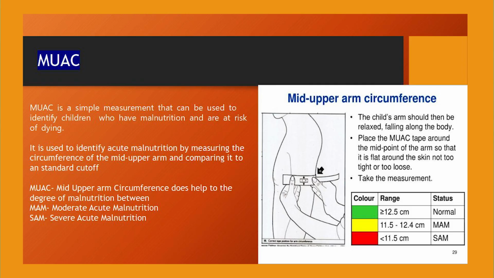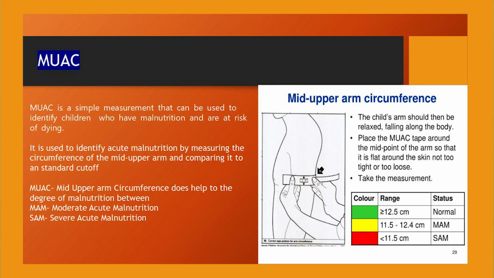Now, what does this MUAC say? The MUAC is a simple measurement that can be used to identify the children who are malnourished and are at high risk of dying. MUAC, mid upper arm circumference.